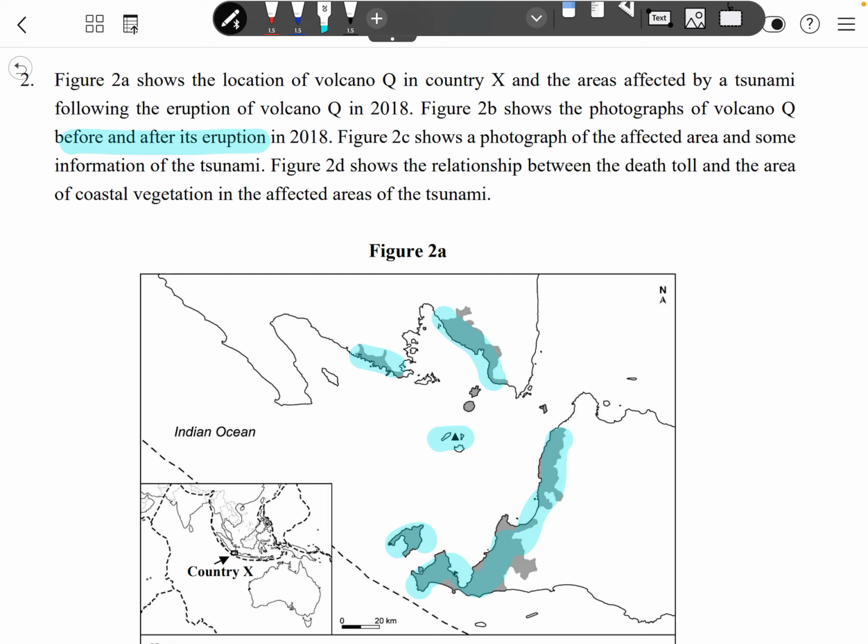Lastly, 2D shows the relationship between the death toll and the area of coastal vegetation.